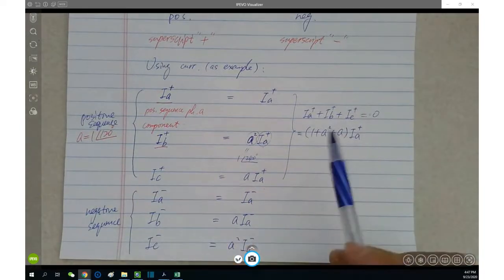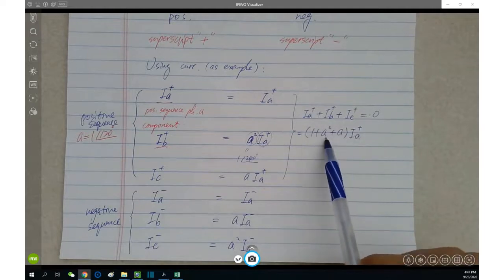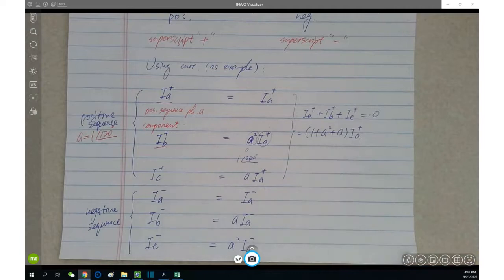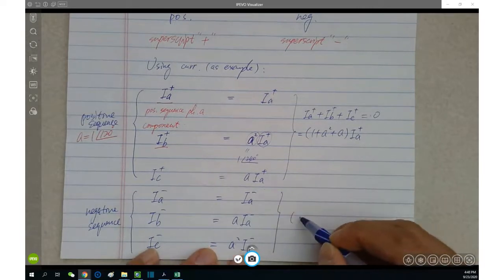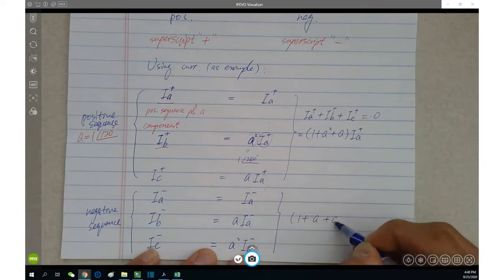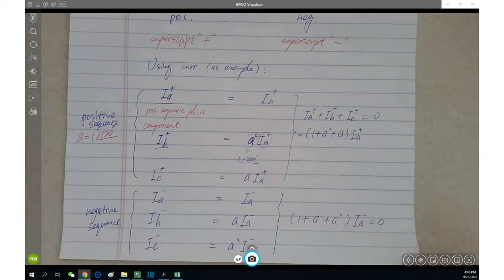If you substitute IB plus and IC plus by A squared IA plus and A IA plus, then you end up with this. Same thing here. You can have 1 plus A plus A squared times IA minus equals 0.